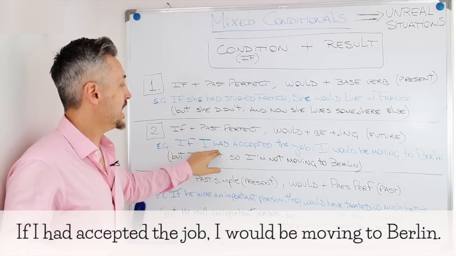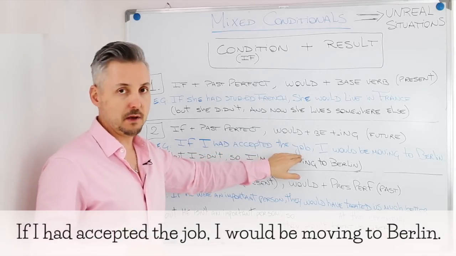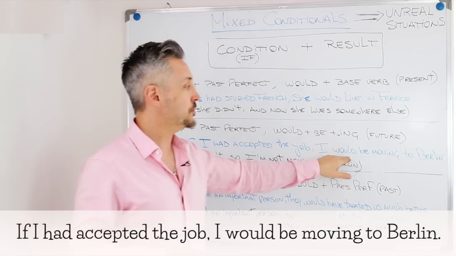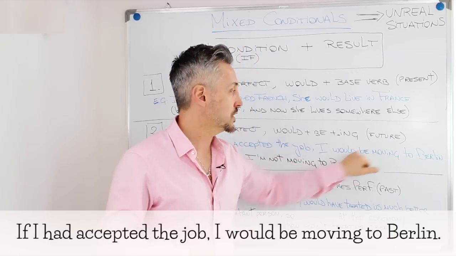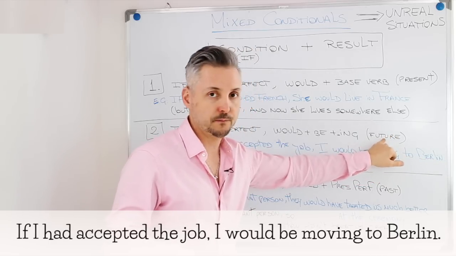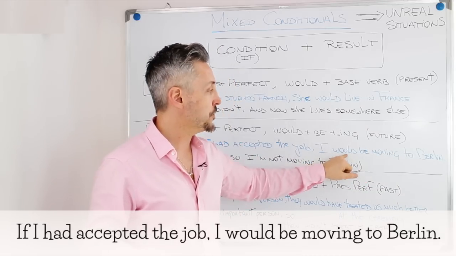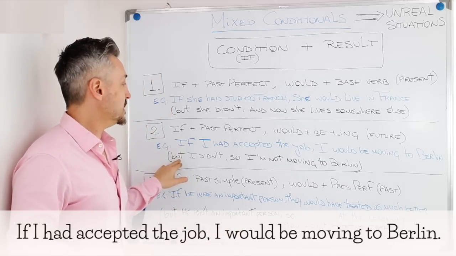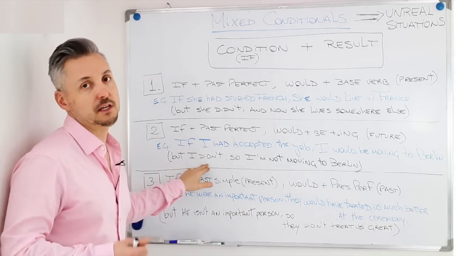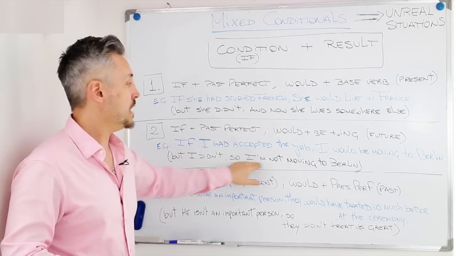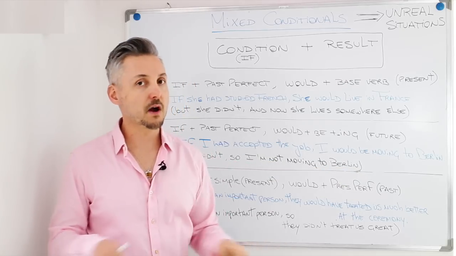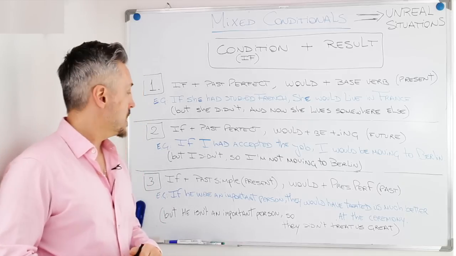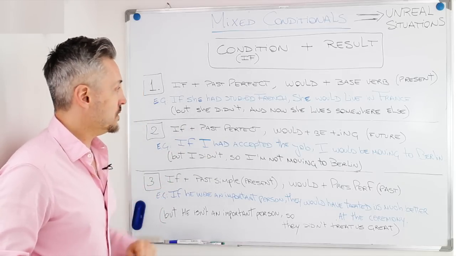If I had accepted the job, I would be moving to Berlin. So this would be a future result. But I didn't accept the job. So I'm not moving to Berlin. I'm staying in Rome, for example. Okay? Now, this is the second pattern.